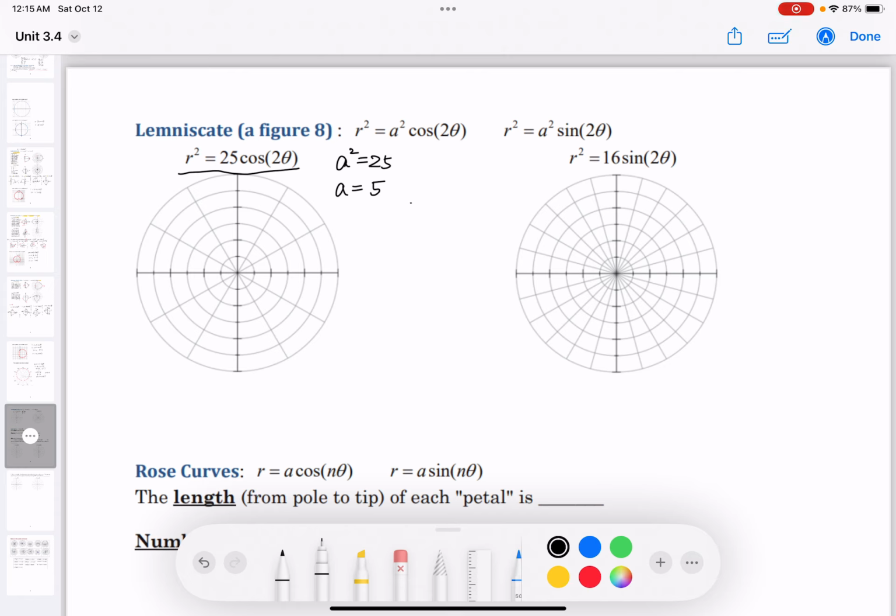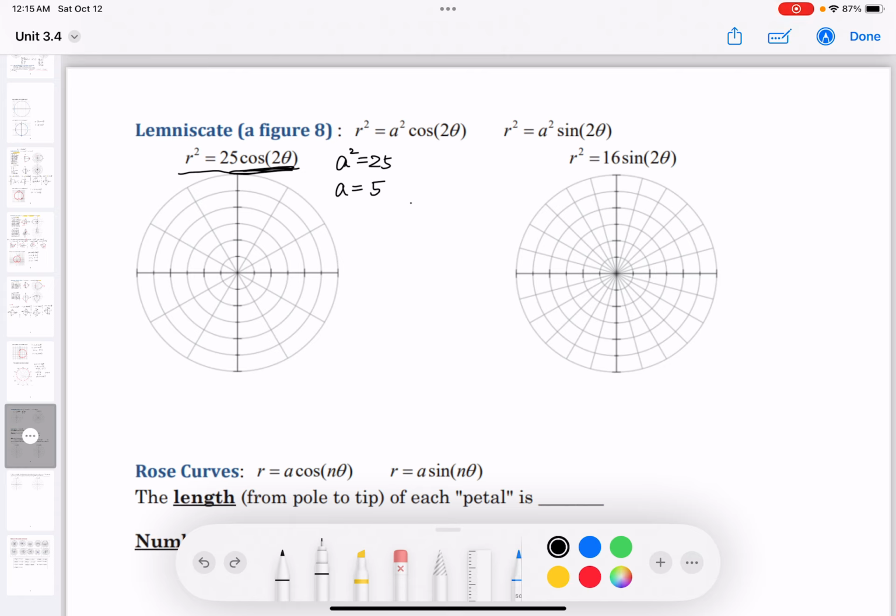That means the longest radius is equal to 5. So it is the figure 8 for the cosine. The figure 8 is starting from angle 0 degree.